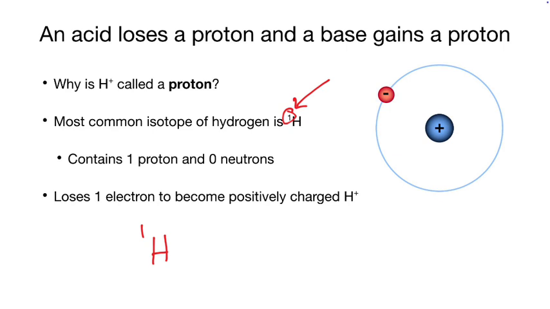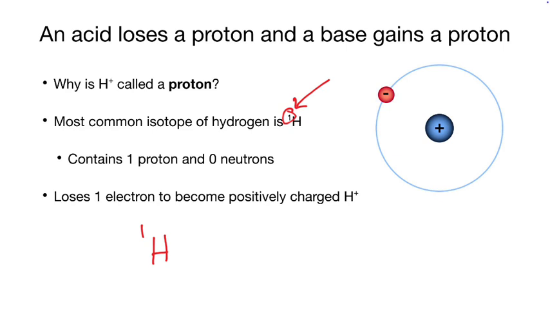What contributes to mass? Protons and neutrons. Because we're looking at hydrogen 1, we know hydrogen has one proton, because if it had any other number of protons, it wouldn't be hydrogen. And so if I see that 1 written in the upper left-hand corner, I now know that it has 0 neutrons, which is one of the reasons why I can call it a proton.